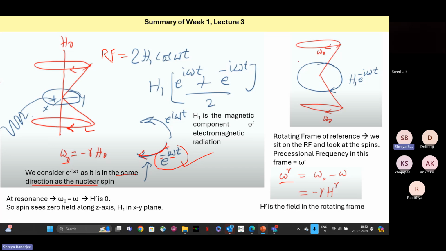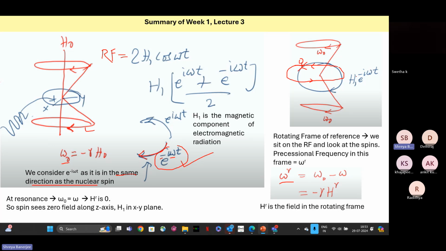So again, you imagine an observer sitting in this kind of frame and moving in the same direction as the Larmor frequency.